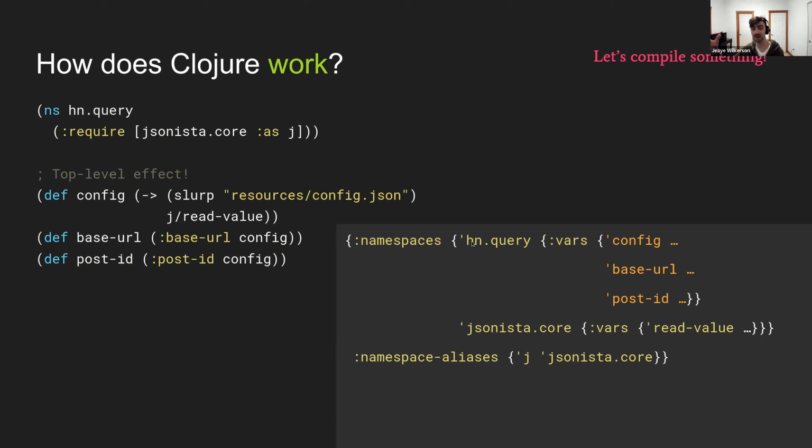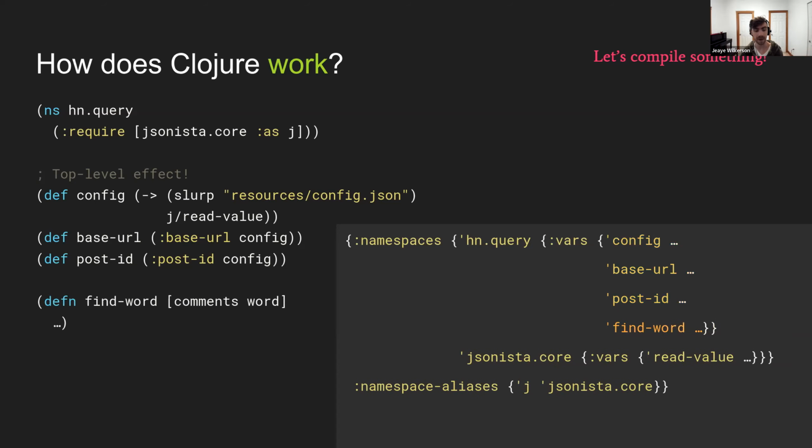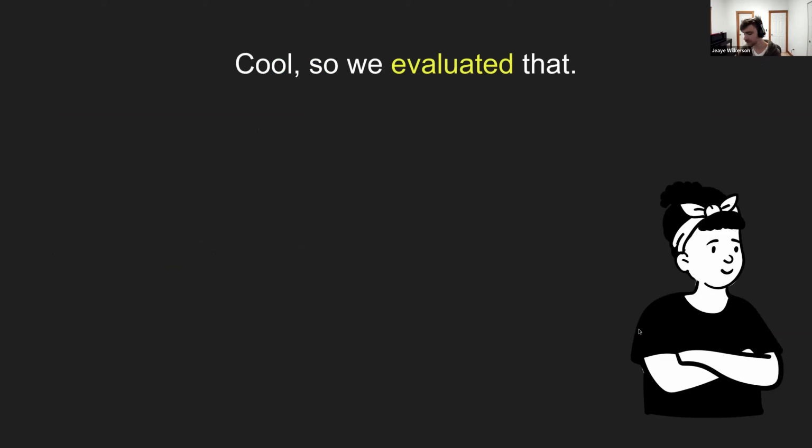But that's also going to just-in-time compile this particular expression that's going to slurp and read that JSON value, right? And then it's going to evaluate that. And then we're going to define this function as well, which adds another var inside of the HNQuery namespace, right? Cool. So we just evaluated all that.